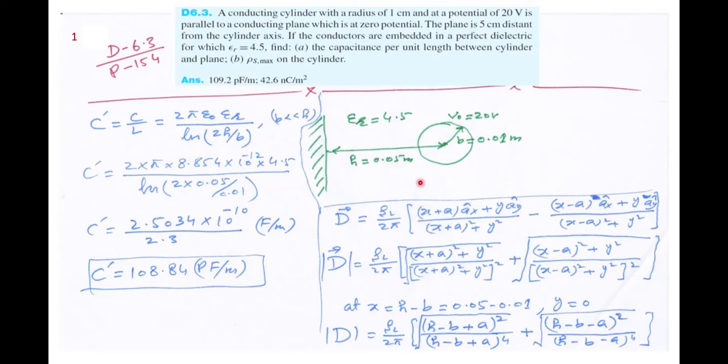In order to determine the maximum surface charge density, remember that the surface charge density is maximum between the conducting sheet and the cylinder, but it has minimum value where the conducting sheet is absent.